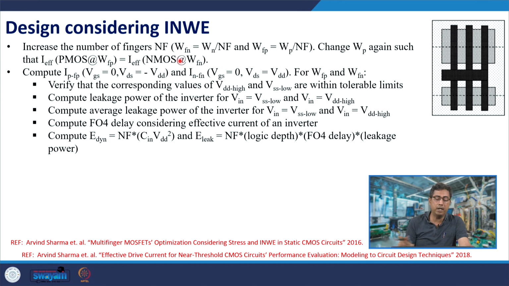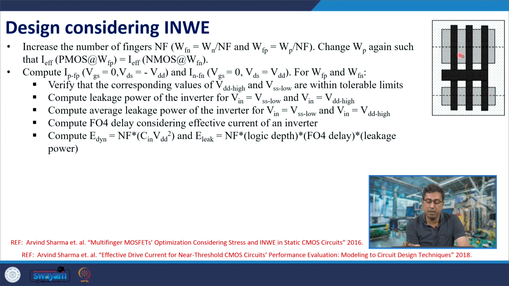So, now we will again adjust. Suppose the effective current of the PMOSFET is now larger than that of the NMOSFET. In that case, the threshold voltage of the PMOSFET needs to be increased. So, what will we do? We will increase the value of WP, not NF, because the layout should have the same number of fingers for the NMOSFET and PMOSFET, otherwise the layout becomes quite cumbersome.